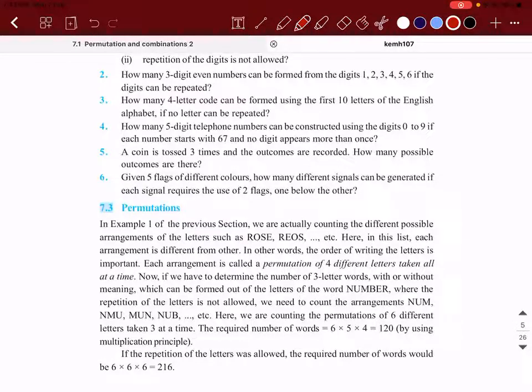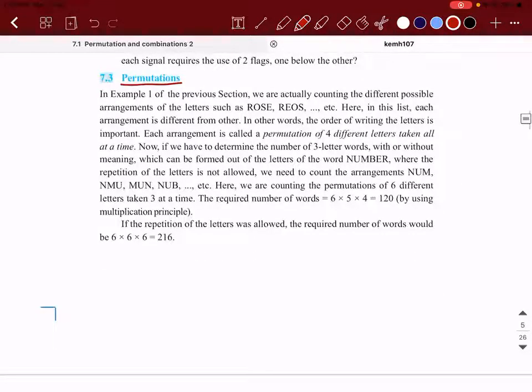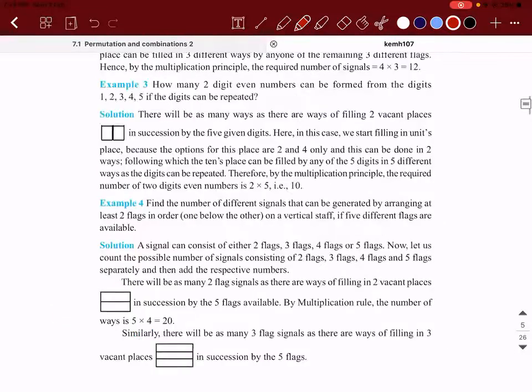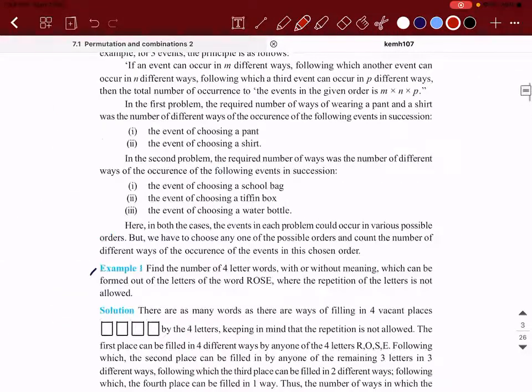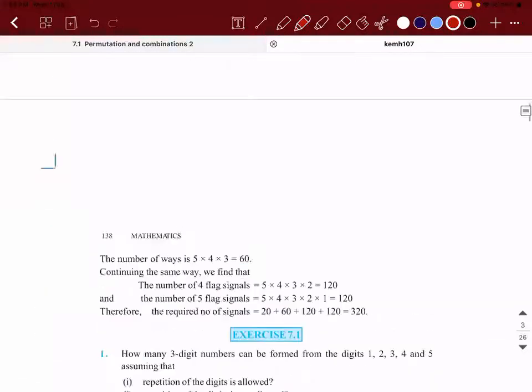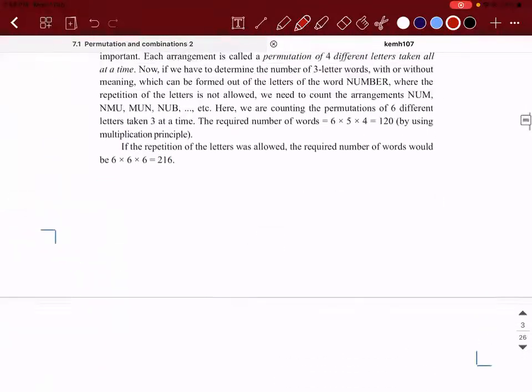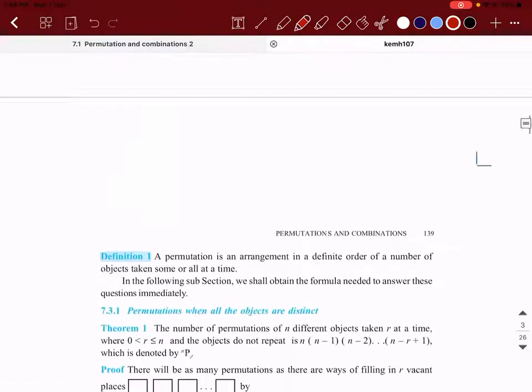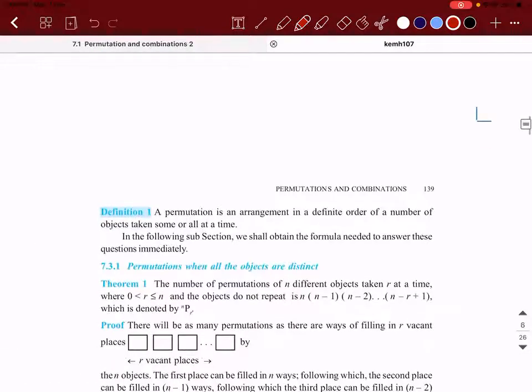Permutation basically means arrangements of objects in a given, required order. That is what we call permutations, right? For example, in this exercise, did we see permutation? Is this not permutation? Yes, sir. Right. Now let us see the definition.